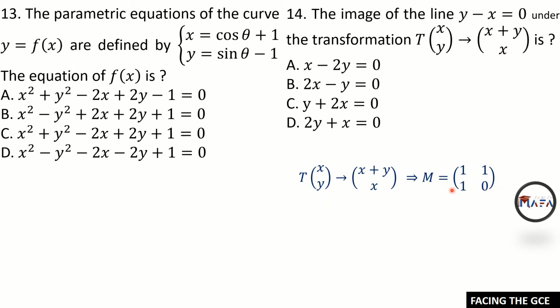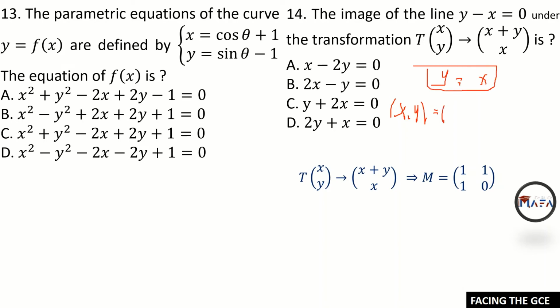Now we know that to find the image of any point under a transformation, we just multiply the points with the matrix of transformation. But in this case, you have a line, so we need to generalize all points on this line. The line is y minus x equal to 0, so it means that y is equal to x. Normally all points on a line have an x coordinate and a y coordinate, but in this case the x coordinate and the y coordinate are the same, because y is equal to x.